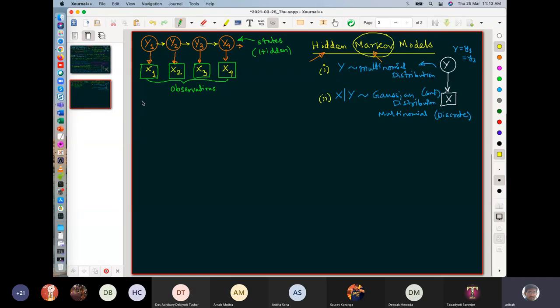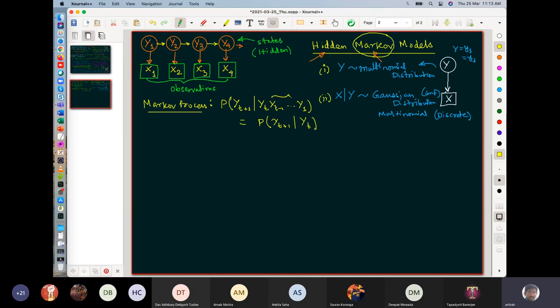Therefore, there is a process which we call a Markov process, which is the inherent assumption of this model. It says that the probability of having y t plus 1 given that I pass through the states from y1 up to y t minus 1 is equal to the probability of y t plus 1 given only y t.